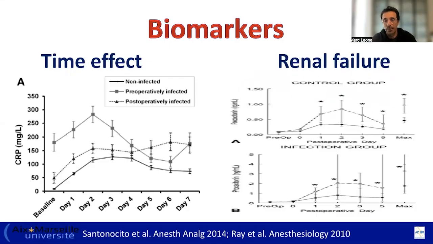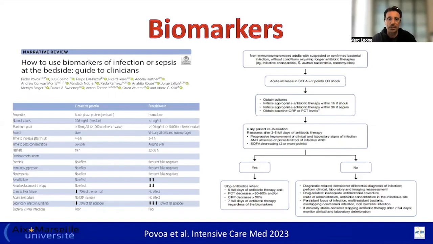And the interpretation of the changes is difficult and challenging. There is a very good paper on that published recently in Intensive Care Medicine by the group of Pedro Povoa. And unfortunately, they show that the use of biomarkers for the diagnosis of infection remains really limited.